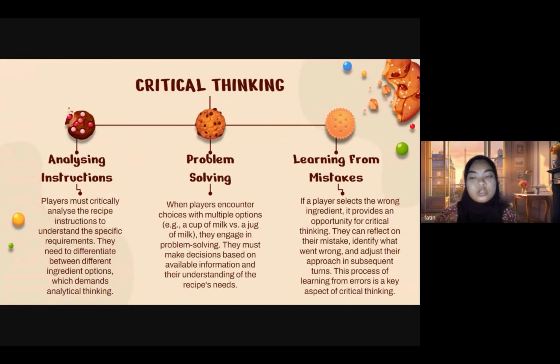So this game also can impact the students in terms of their critical thinking, because first the game requires them to analyze the instructions given. The main thing in this game is they have to read the instruction and then follow the instruction.